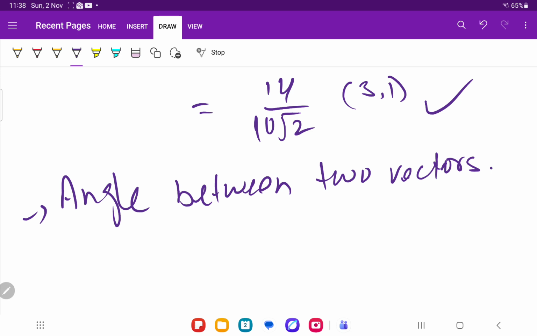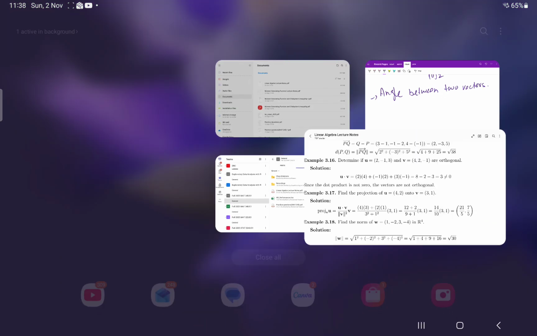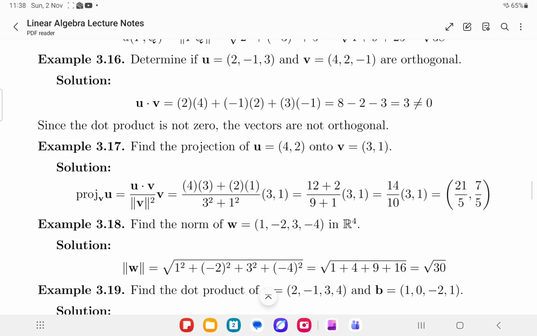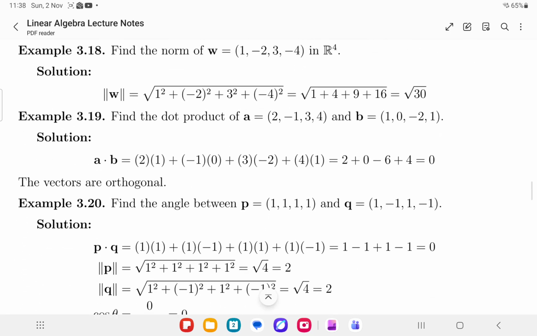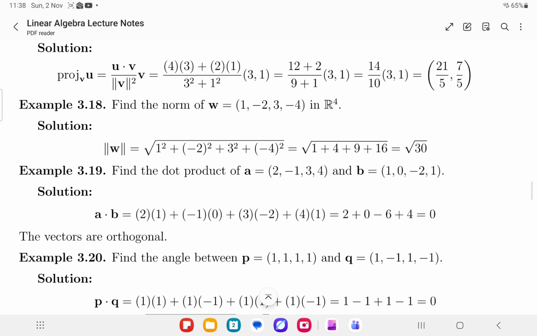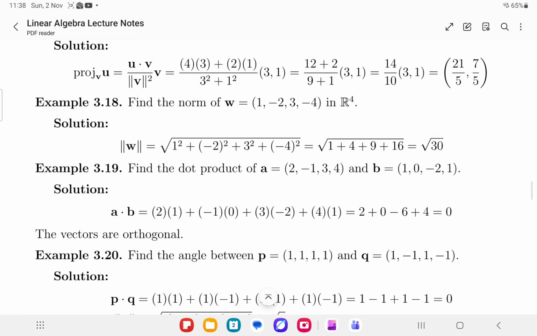Okay, so now the angle between two vectors. This is the question relating to the angle between two vectors. For example, let me pick one of the questions.